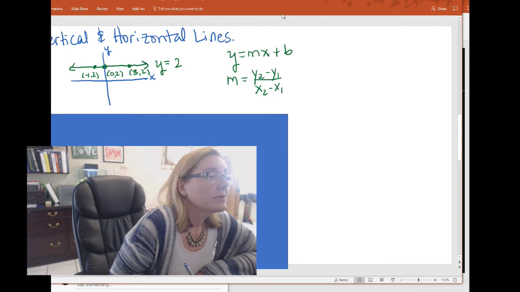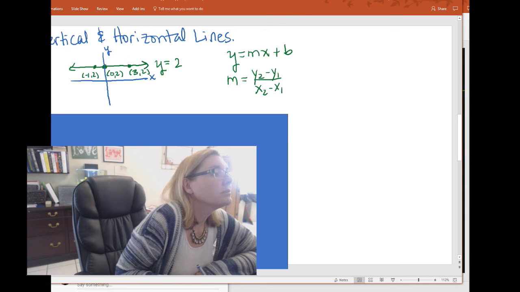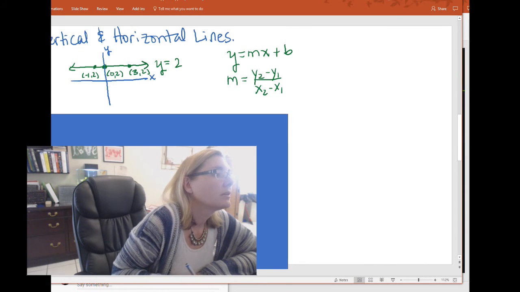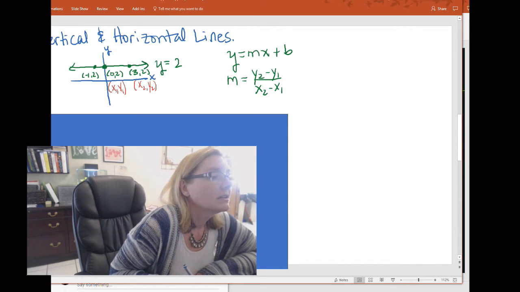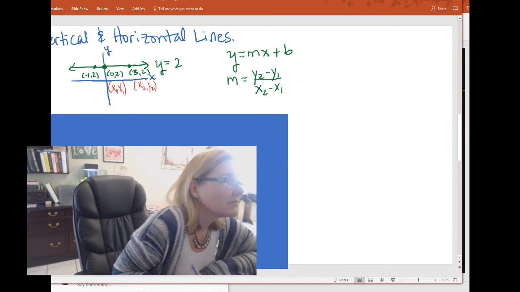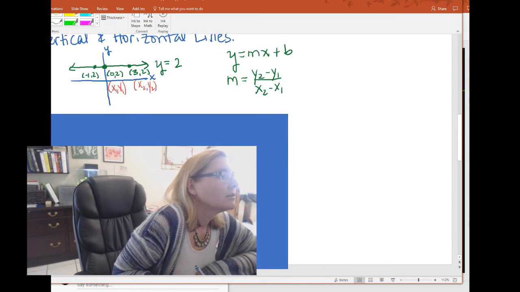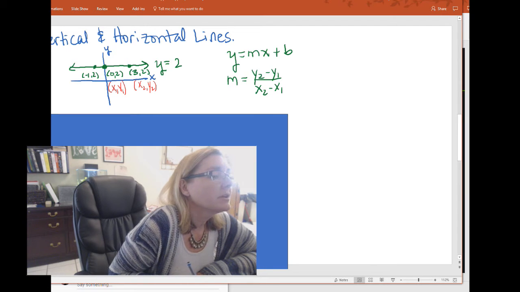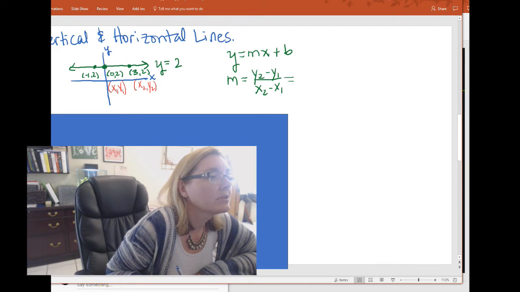So just as an example, let's say I found the slope between the point (0, 2) and the point (3, 2). I'm going to randomly assign one pair to be x1, y1, and the other one to be x2, y2. In other words, I could have labeled them opposite. It wouldn't make a difference in the final answer. Using (0, 2) as my x1, y1, and (3, 2) as my x2, y2, I plug in. I'm going to have 2 minus 2 over 3 minus 0.